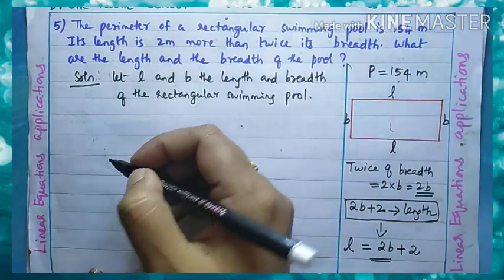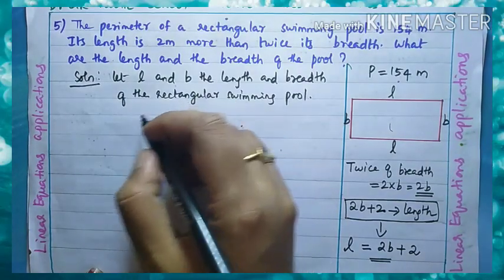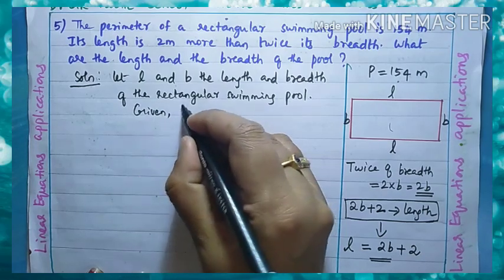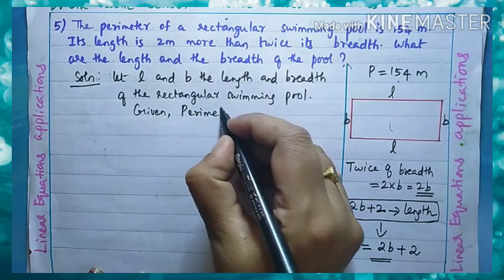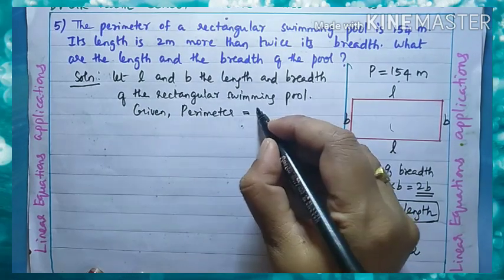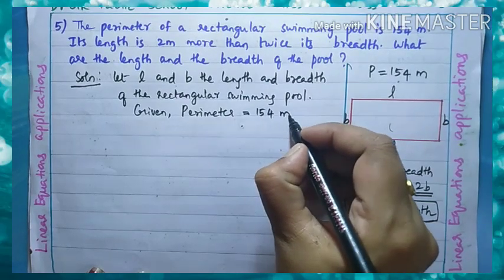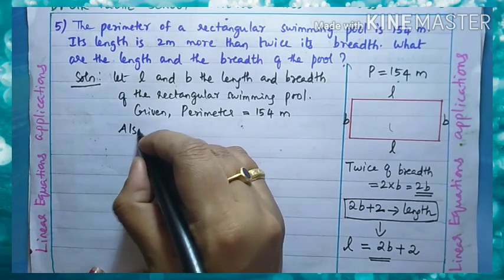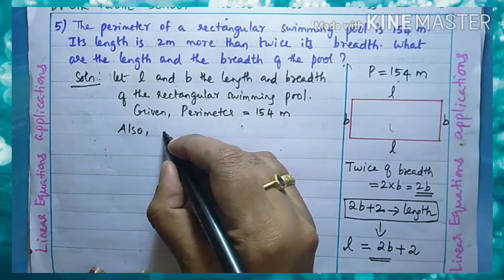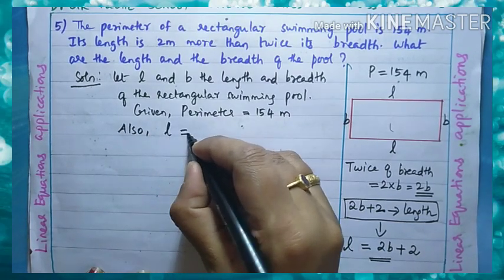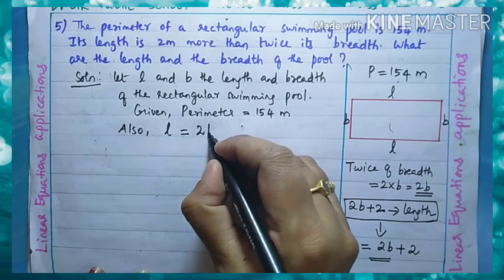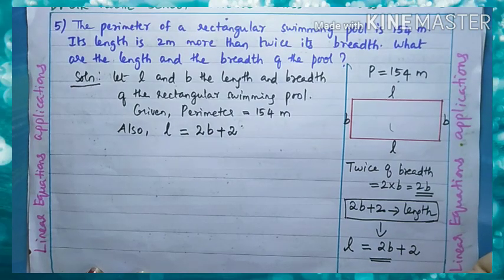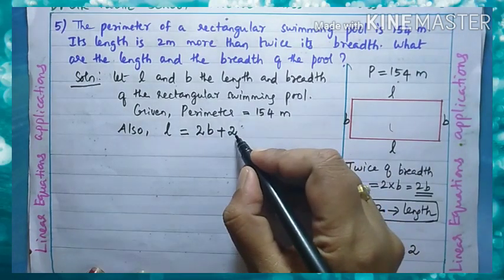Usually we take length and breadth as L and B. Now, what is given? Perimeter equal to 154 meters. Also given, length L equal to twice the breadth plus 2, that is L = 2B + 2. So this is from the given question.